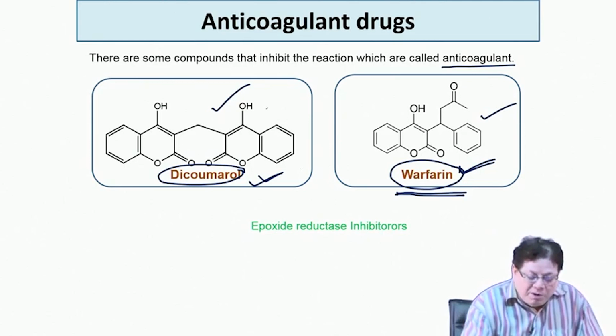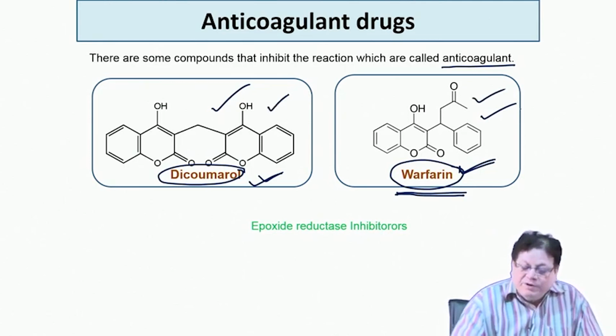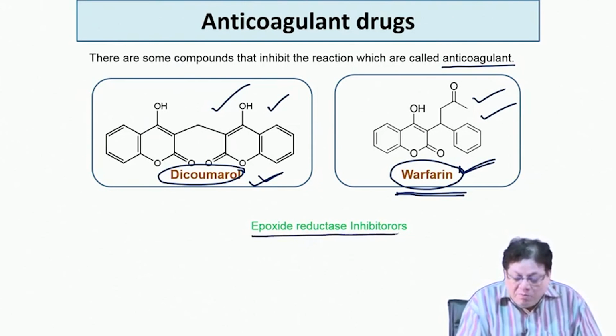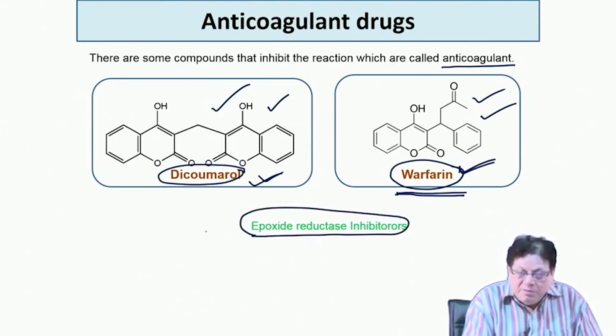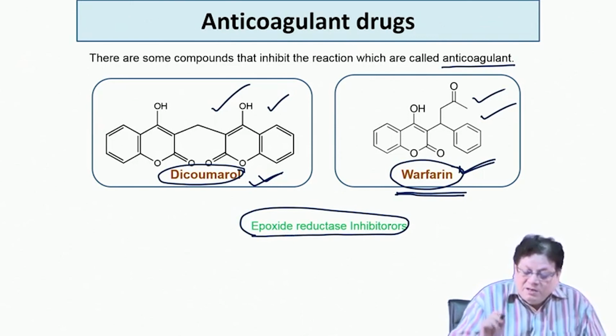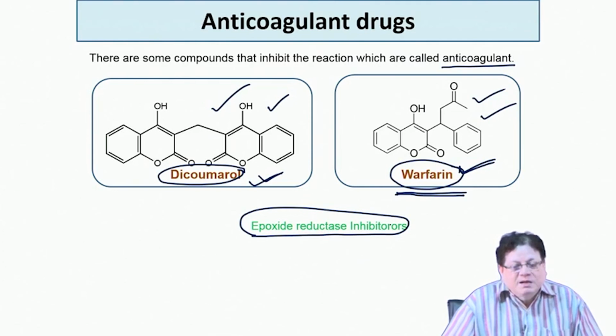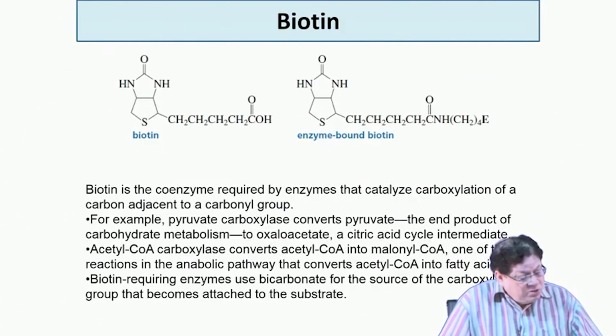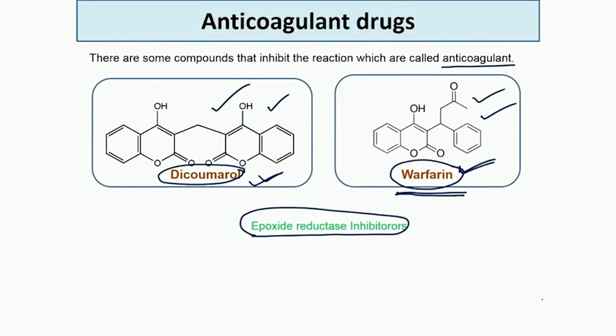Now these compounds, dicumarol and warfarin, work as inhibitors of vitamin K epoxide reductase. So it inhibits that enzyme and cuts off that catalytic cycle. That's why they are anticoagulant drugs, very effective, very important.